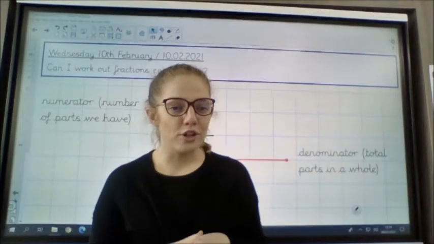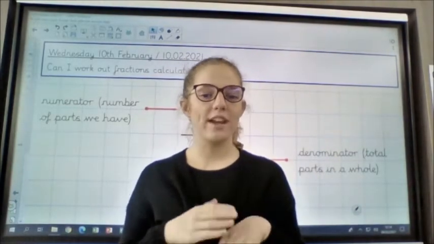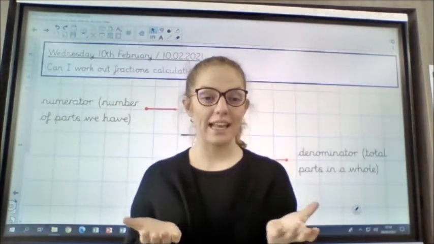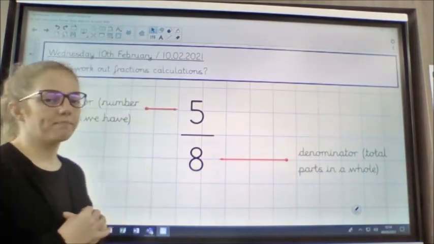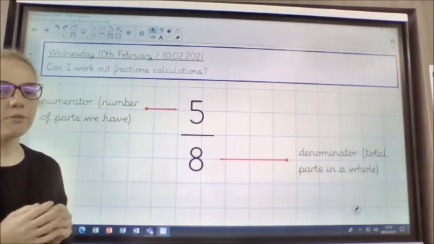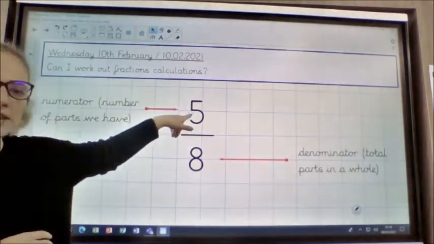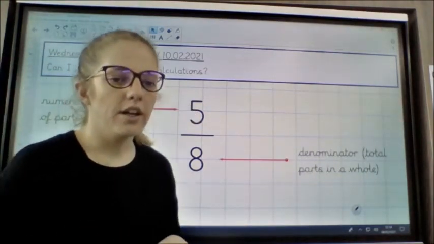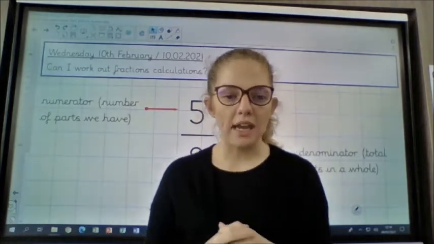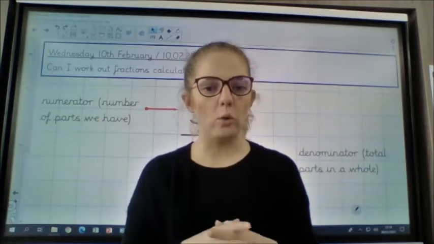Okay, so I showed you briefly yesterday what a numerator and a denominator was. I didn't label them, but I pointed them out to you. A numerator is the number that sits on top of the fraction, and this number shows us how many parts we have out of the whole number.